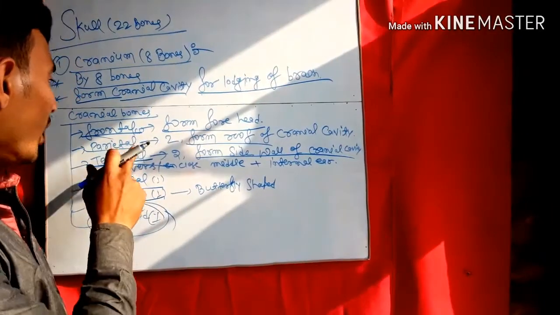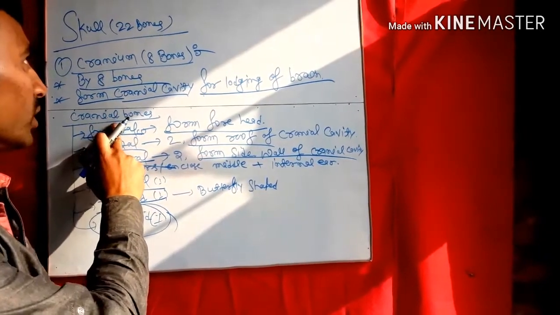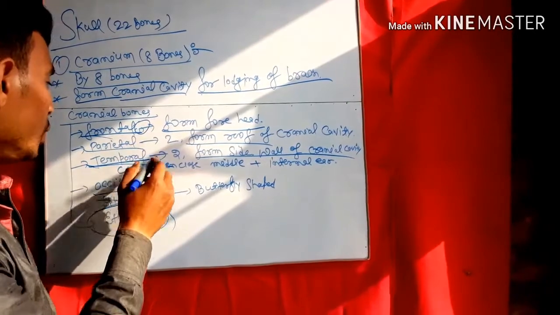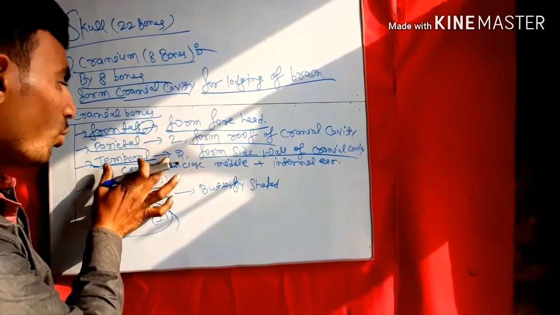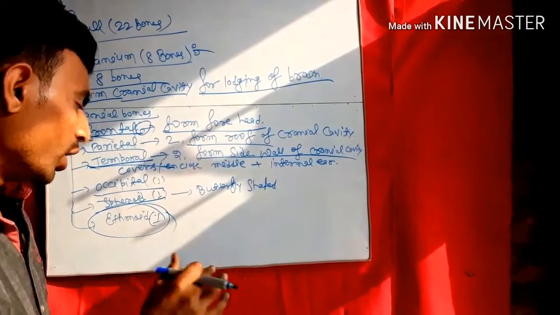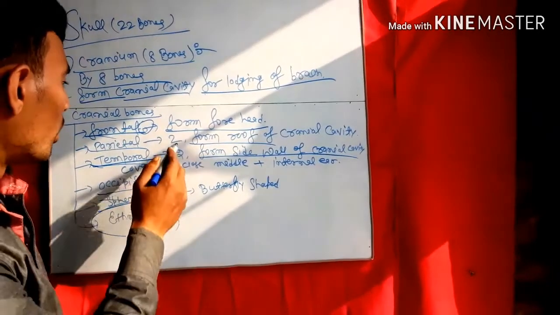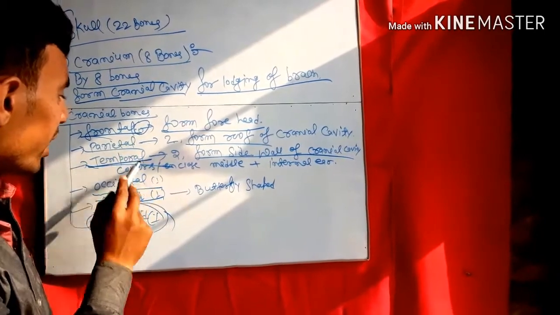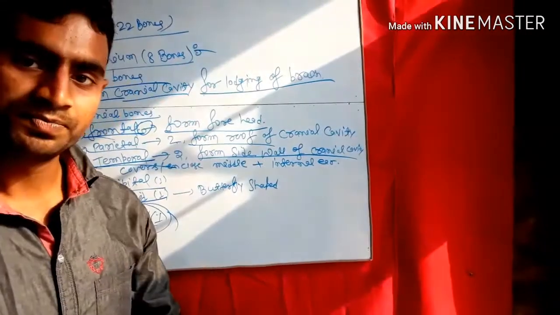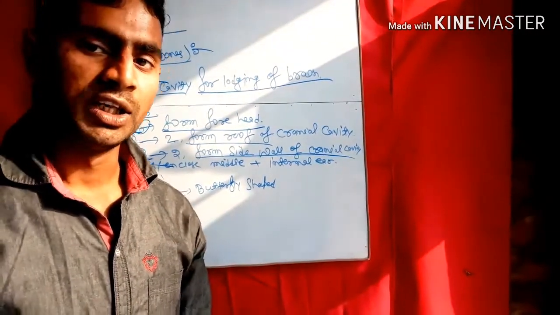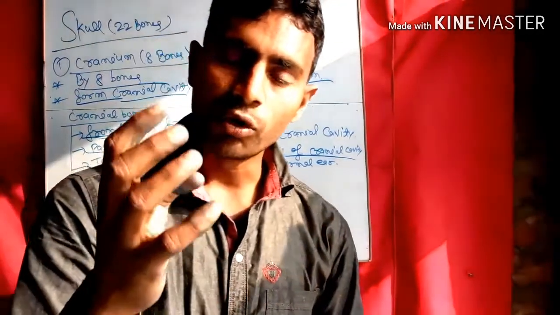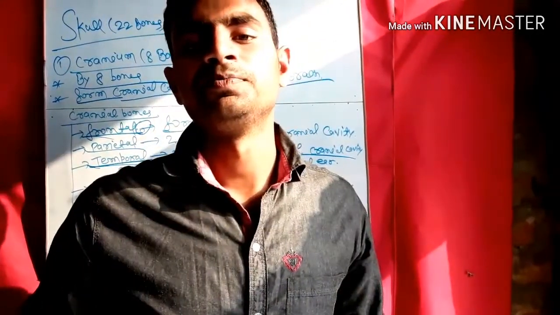In this way, the cranium is made by 8 bones: frontal 1, parietal 2, temporal 2, occipital 1, sphenoid 1, ethmoid 1. So you get 2, 4, 5, 6, 7, 8. 8 bones are present in the cranium.